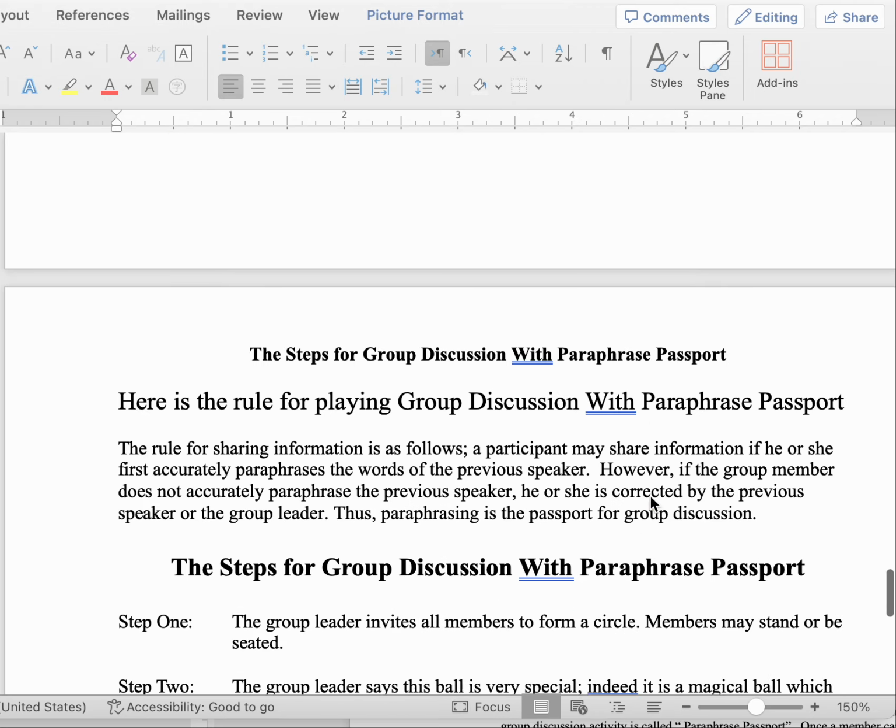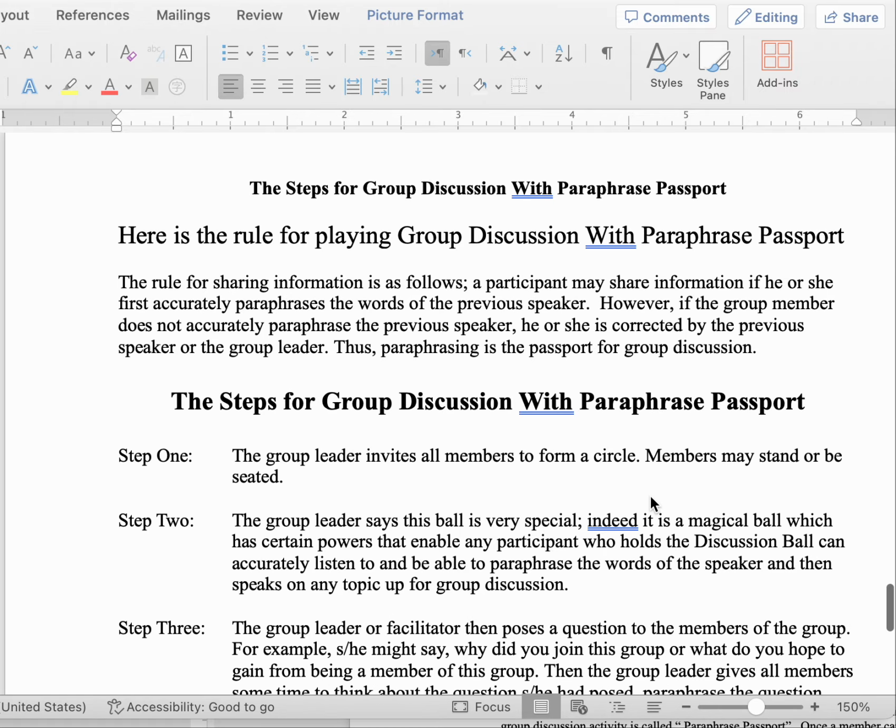And here is a handout which explains the rules and the steps for playing group discussion with Paraphrase Passport. The basic rule for sharing information in this activity is a participant may share his or her thoughts, feelings, and opinions, but he or she must first accurately paraphrase the words of the previous speaker.